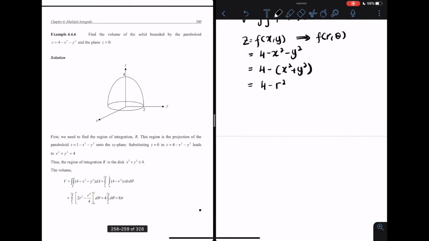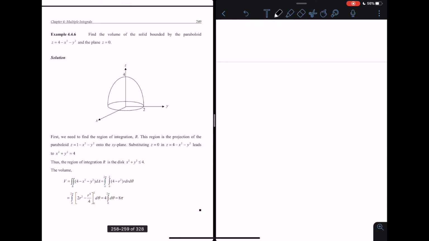And before we try to sketch region R, we have to sketch the surface first. And this surface lies in a three-dimensional coordinate system that involves x, y, and z axes.